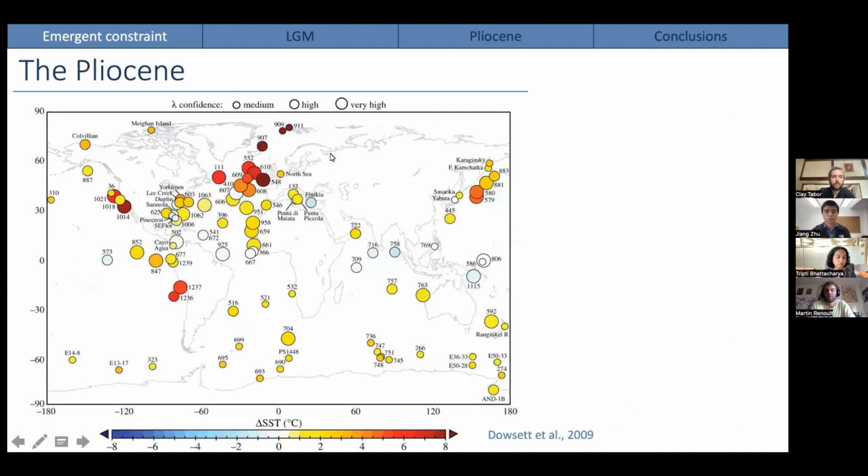For the Pliocene, it's a bit more complicated because the Pliocene is quite different between what it was in PMIP3 and PMIP4. In PMIP3, the Pliocene simulations were defined as an agglomeration of all the interglacial peaks during the Pliocene, while during PMIP4, the Pliocene was really a well-defined time interval.